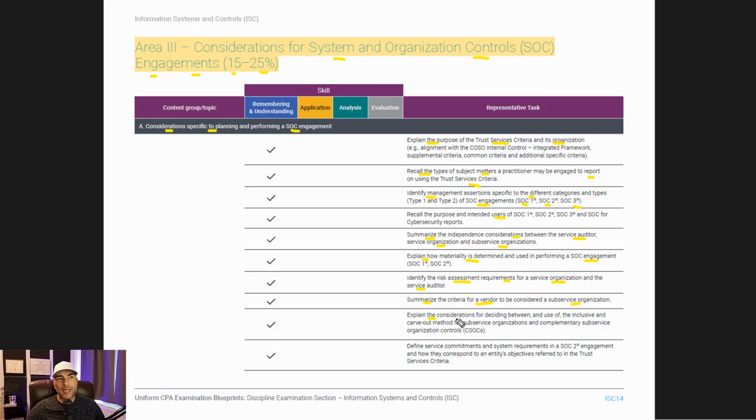You'll need to be able to explain the considerations for deciding between and use of the inclusive and carve-out methods for subservice organizations, and you'll need to define service commitments and system requirements in a SOC 2 engagement and how they correspond to an entity's objectives referred to in the trust services criteria.